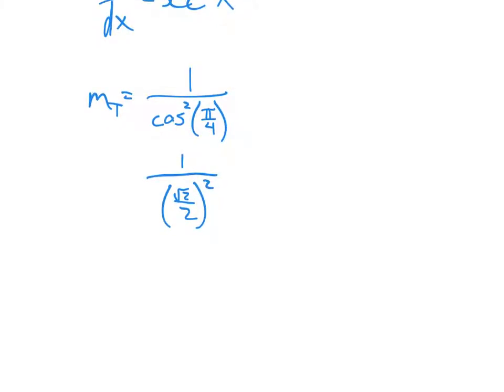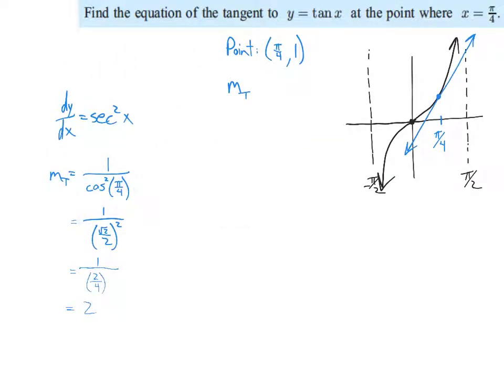What's root 2 over 2 squared? 2 over 4, or 1 half. So when I flip that, because it's 1 over that, I end up with 2. So the slope of my tangent line here is 2.